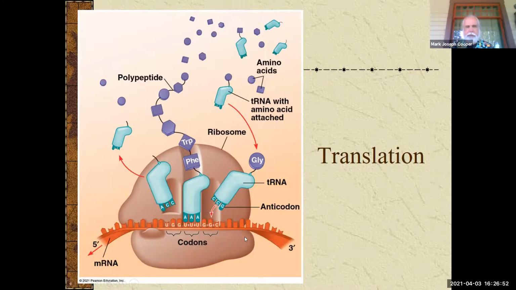Okay, so again, if you look very carefully, here we have the messenger RNA. Again, this came from the nucleus. This came from transcription. Here then we have a transfer RNA molecule. So the messenger RNA would have a group of 3, a triplet called a codon. The transfer RNA would have a triplet called an anticodon.